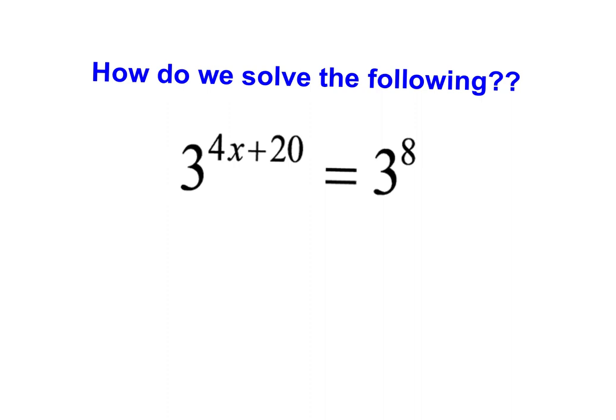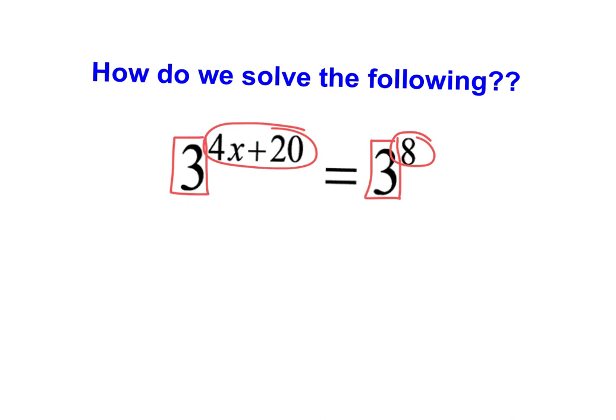While this looks difficult to solve to start, what you're hopefully noticing is that both of these have a base of 3. What we're saying here is 3 to some power is equal to 3 to the power of 8.